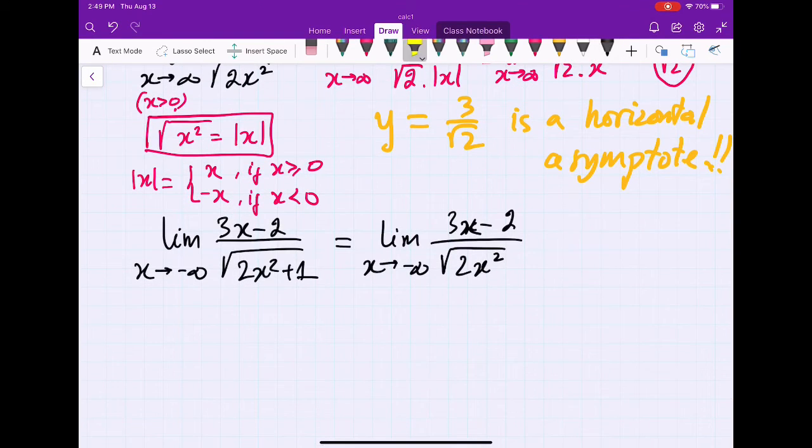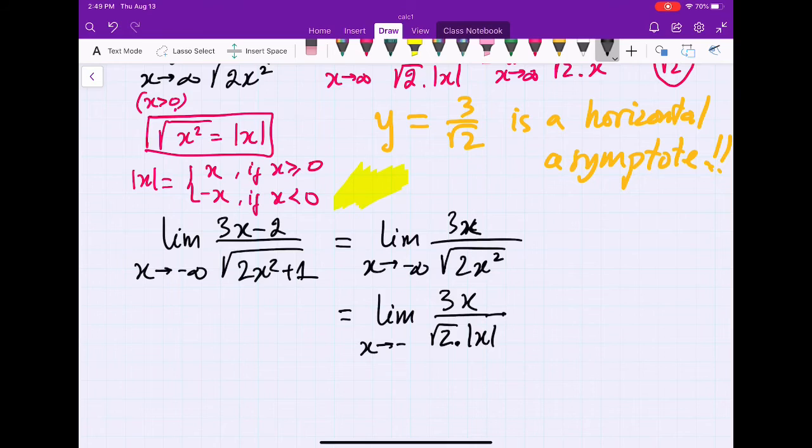And what we just discussed here, you see, this limit is equal to limit. I'm sorry, here we don't have 2. Okay, I just erase that, please. Limit of 3x over square root of 2 in here, and then absolute of x. But what is absolute of x? That is negative x, because x approaches negative infinity, which means x less than 0.